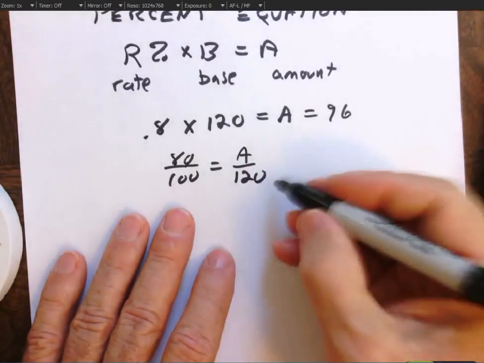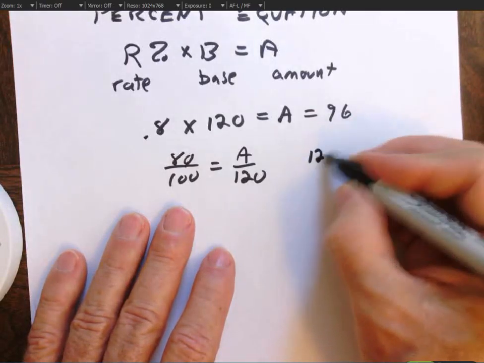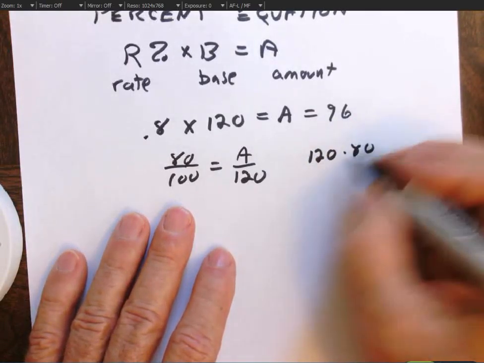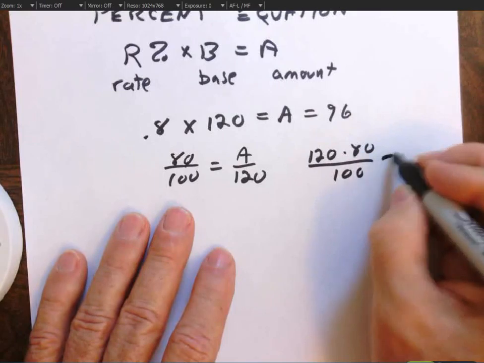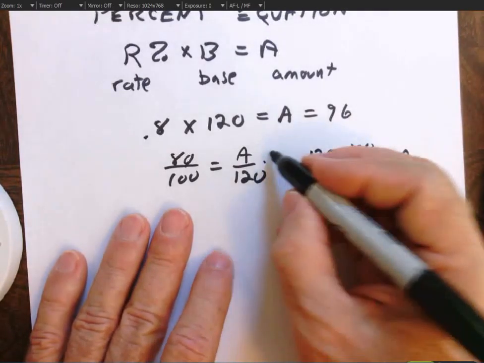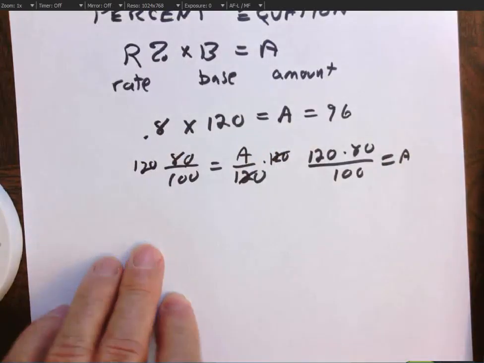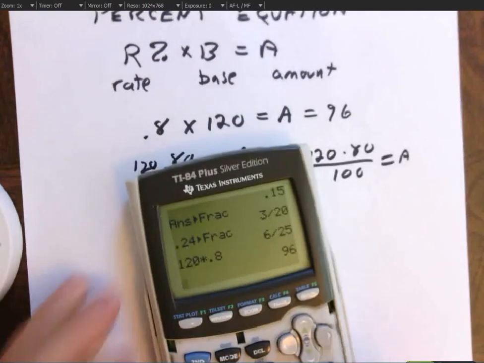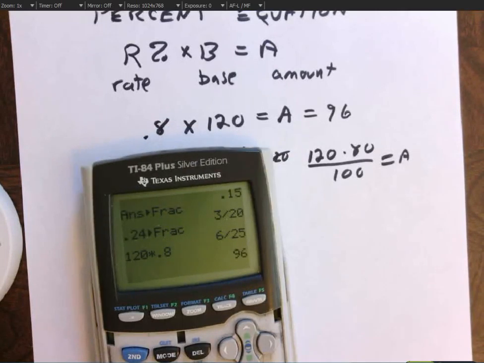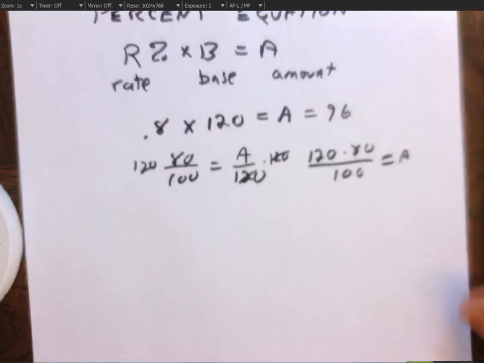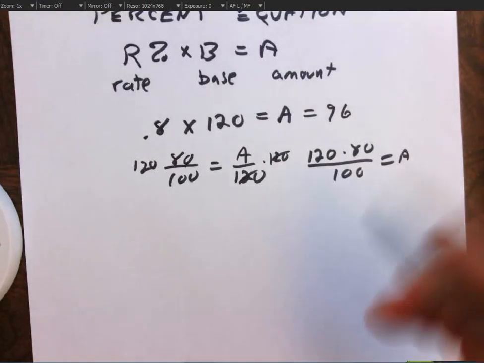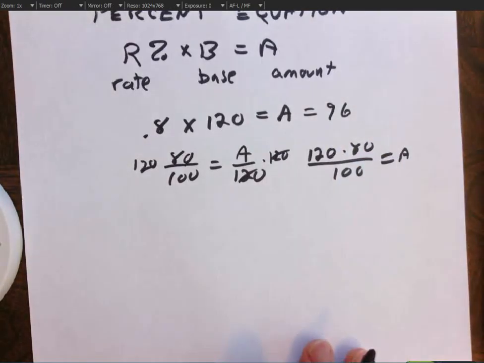Or actually, all I need to do is multiply by 120. 120 times 80 divided by 100 equals A, because when I multiply by 120, it cancels out on this side. Okay, so on the calculator, 120 times 80 divided by 100 equals 96. So all these problems can be done either way. They can be done with the equation or they can be done with a ratio.